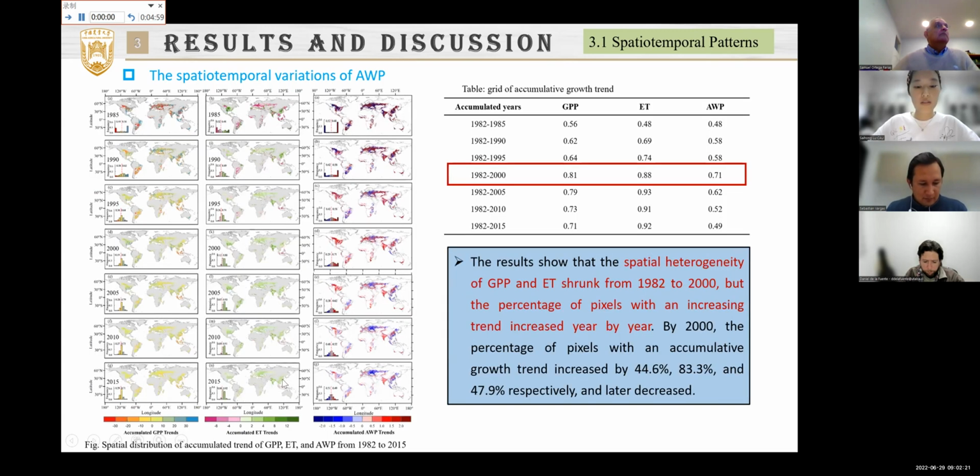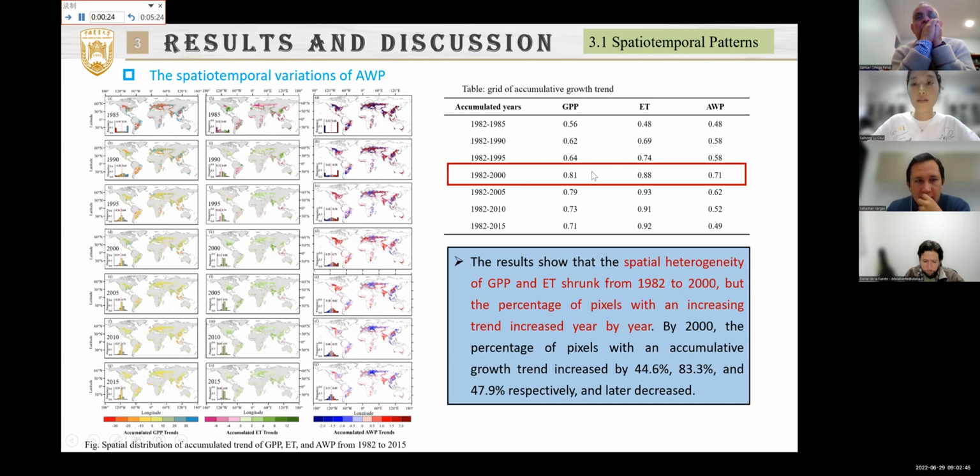With the spatial distribution of the trend of GPP, ET, and AWP from 1982 to 2015 presented here, we could tell that this regional difference shrunk from 1982 to 2000, but the percentage of pixels with the rising trend increased year by year.